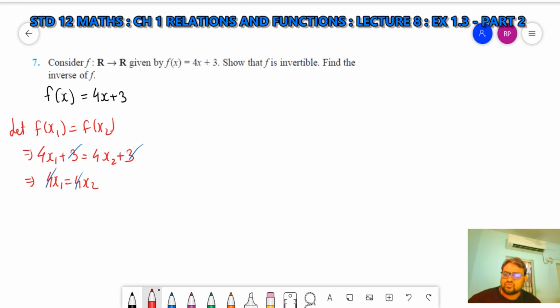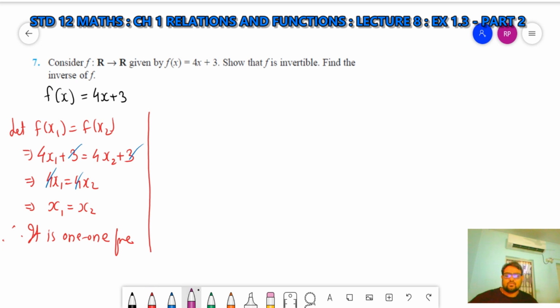What does this show? This shows that x1 is equal to x2. We started with f(x1) = f(x2) and we proved x1 = x2. Therefore, it is a one-one function.